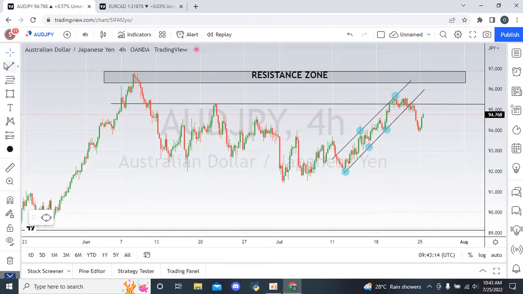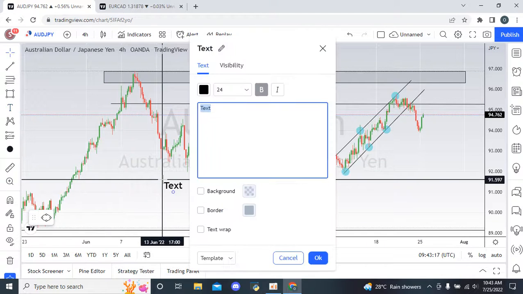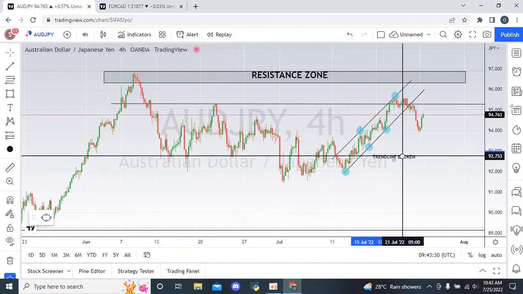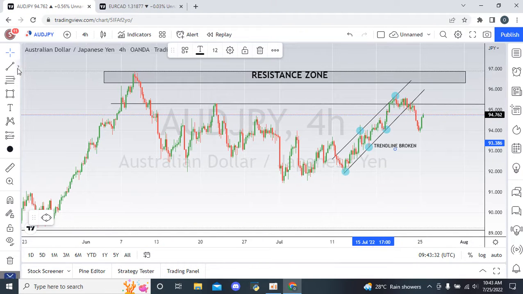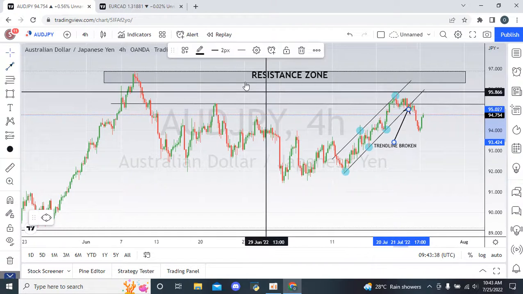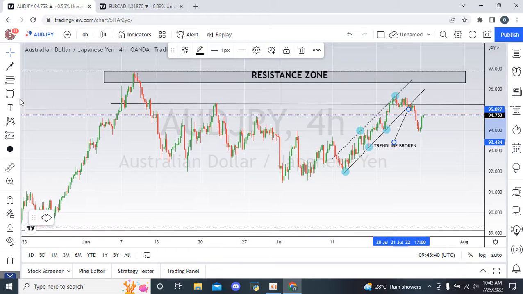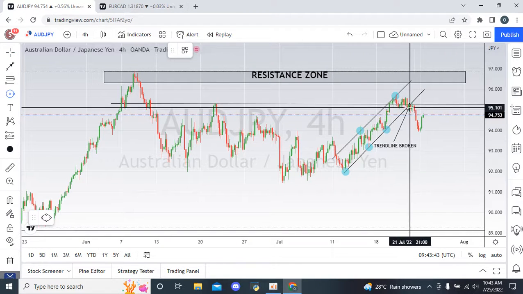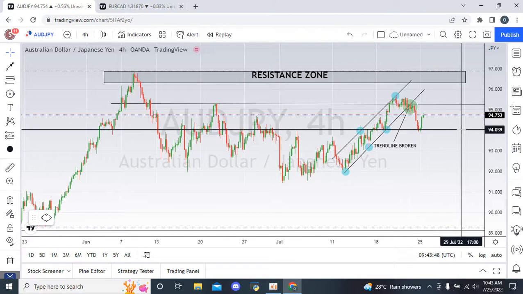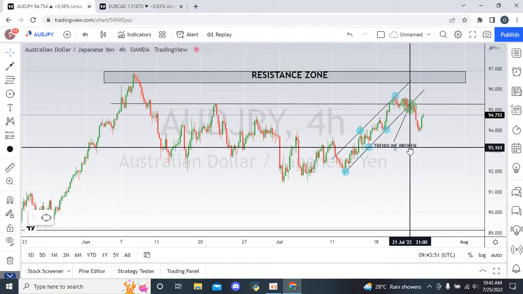So we can see where the price broke the trend. Trend line broken. Let's reduce the font size. Trend line broken. Let's use an arrow since the position is tight to identify that point. Trend line broken. Let's put this in a zoom. Trend line broken.